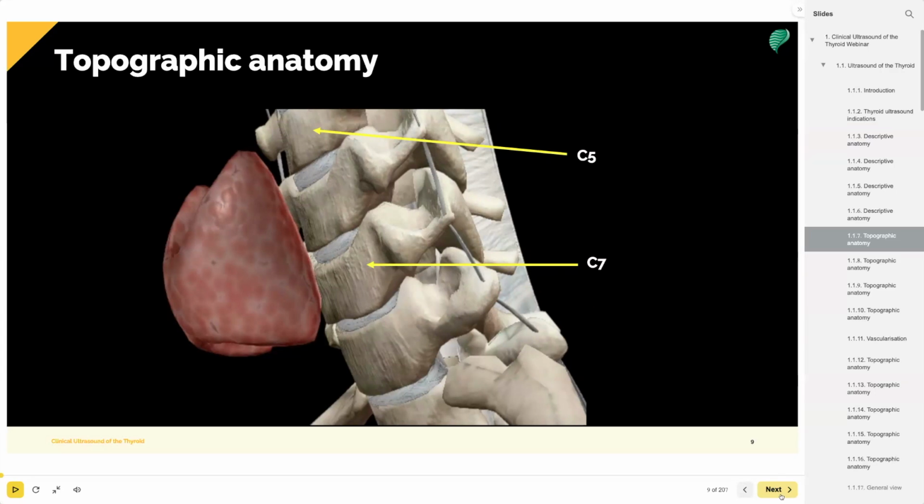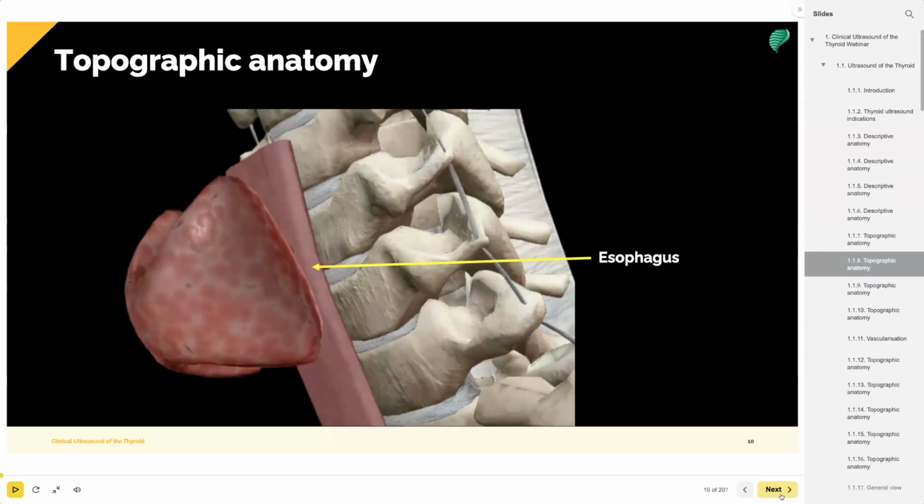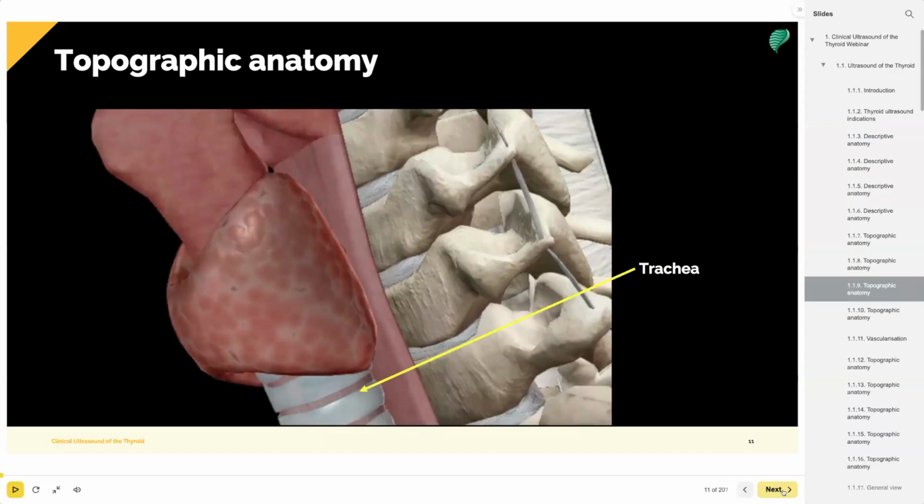In fact, the trachea is a tube-like organ formed by cartilaginous rings and filled with air, which might hinder the view of any structure posterior. This is the view of the trachea here, lying right in between the thyroid and the esophagus.